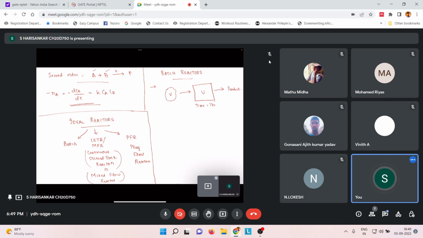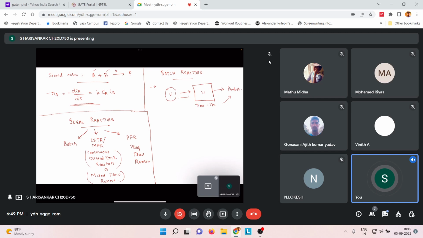Just wait for it. After 1 hour, you collect the product out, and then you take the next set of reactant and put it in the reactor again, and take out the product. So basically, you are operating one set of reactants at a time.